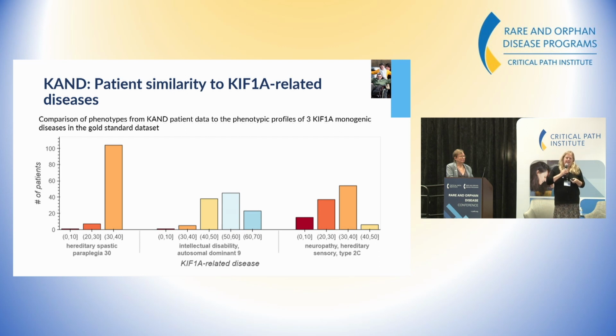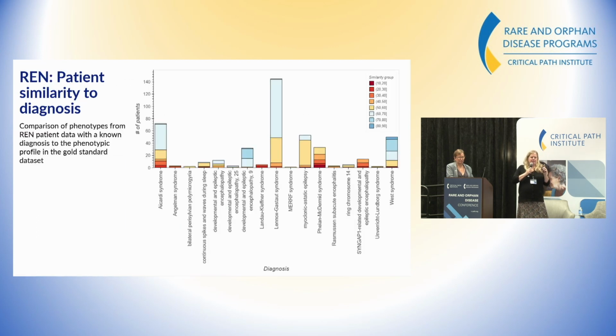So like looking at Aicardi syndrome all the way on the left or going towards the center, the LGS, the Lennox-Gastaut syndrome, or West syndrome on the right, we can see that there's, yet again, dozens of patients who have over 60% or up to maybe 90% overlap with the phenotypes that are seen in these profiles, whereas a lot of the other patients, and there's also a lot of patients in these particular diseases, have differing phenotypes from what we see in the gold standard.